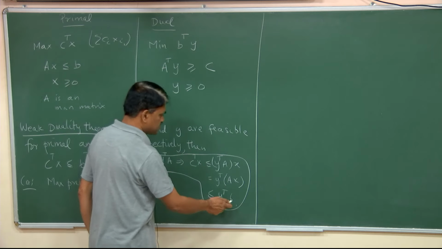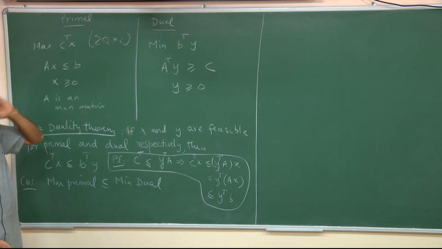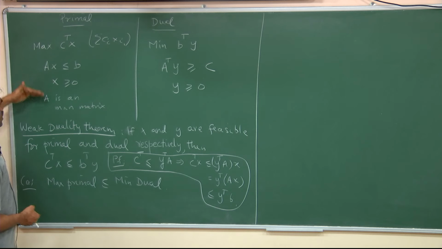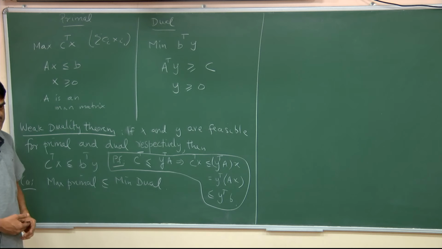Okay? This is same as B transpose Y, and that's what I wanted to show. So in particular, if you take the max of this as your X and min of that as your Y, then you have max of the primal is upper bounded by min of the dual.